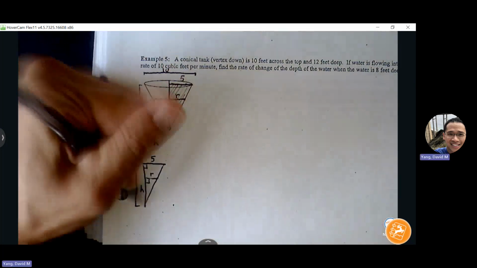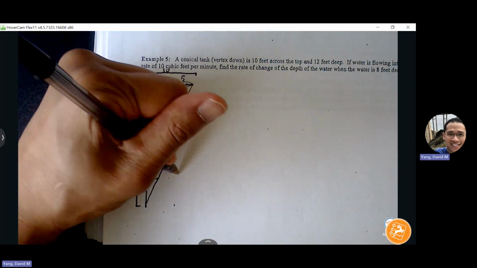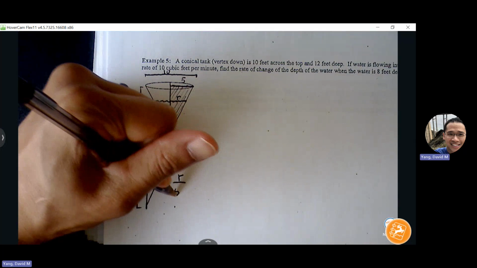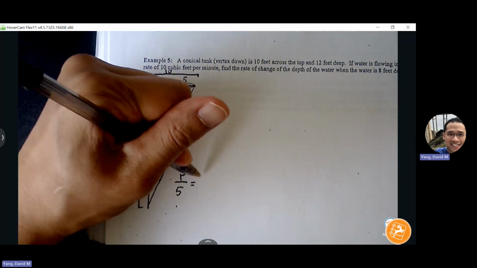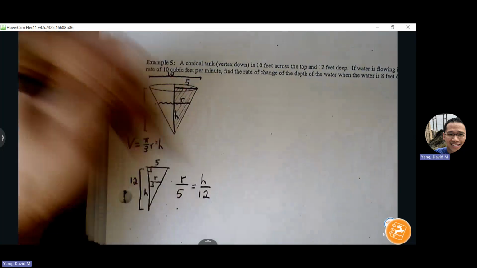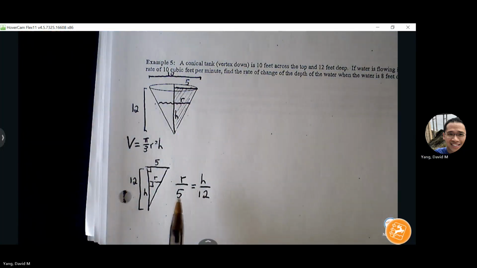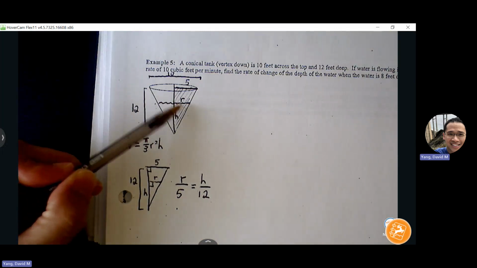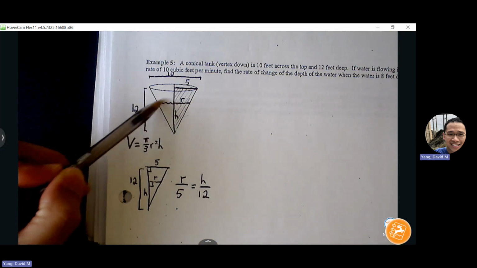So here's how we can build a relationship. We can say the radius of the small cone is to the radius of the large cone as the height of the small cone is to the height of the large cone. Everybody okay with this relationship here? So there's a smaller cone and a larger cone. The water inside the tank is going to take on the shape of a cone.